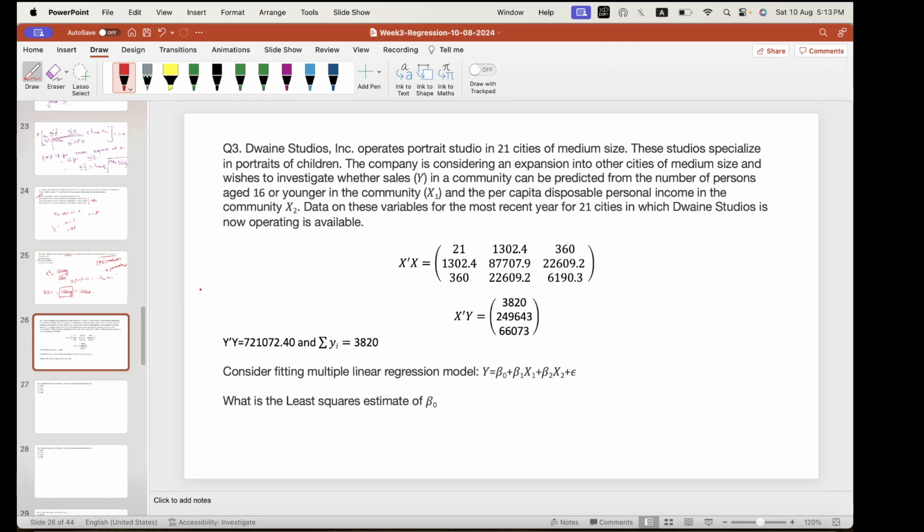Here it says that this studio operates portrait studios in 21 cities of medium size. Okay, the studios specialize in portraits of children. Company is considering an expansion where sales is predicted from number of persons aged 16 or younger, because they are children. So this is the target population I have, x1, and the per capita disposable income in the community, which is x2.